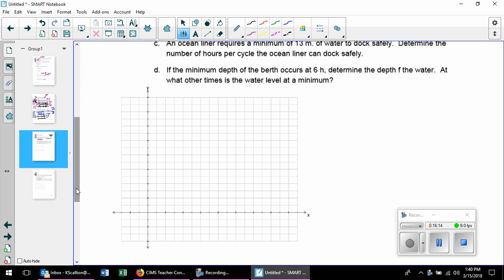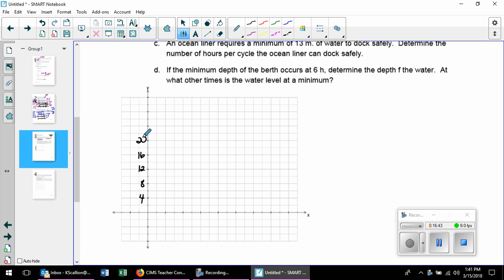That's not going to work, because 12 plus 8 is 20. So we're going, each tick is by 2.